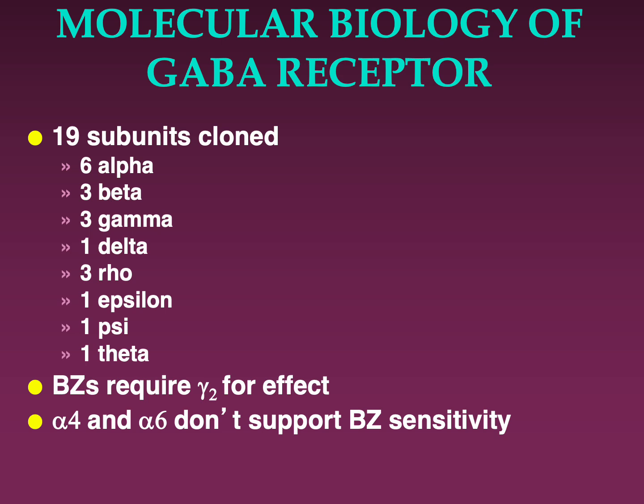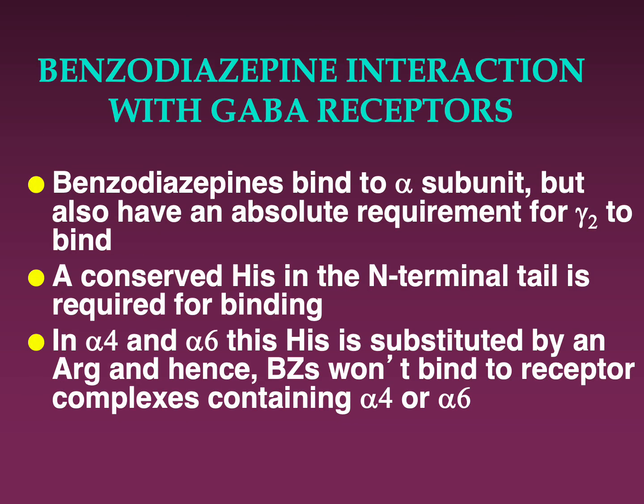Benzodiazepines won't bind to it. You can see on this slide just what I just said. And the reason is that there's a conserved histidine group in the N-terminal tail required for the binding of the benzodiazepine. And in the alpha 4 and alpha 6 subunits, that histidine is substituted by an arginine. So the benzodiazepines don't bind and they don't respond to benzodiazepines.